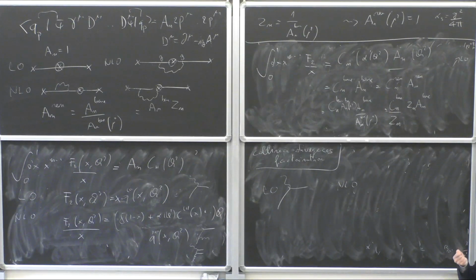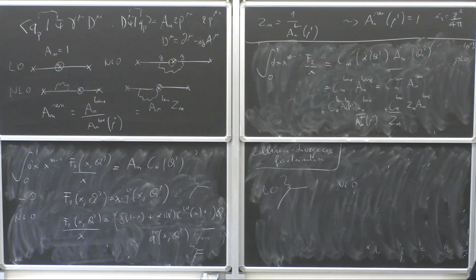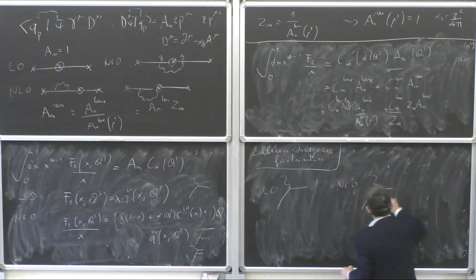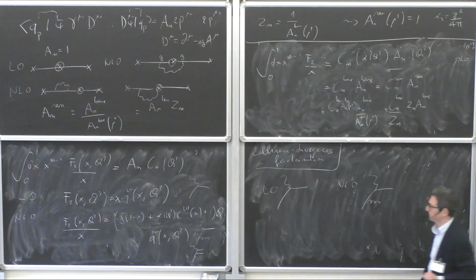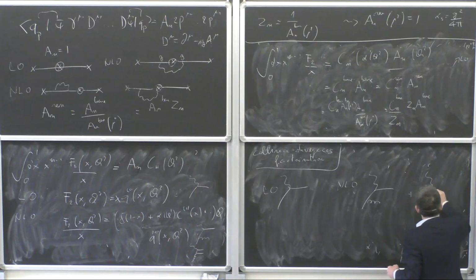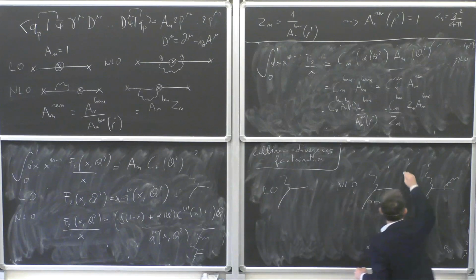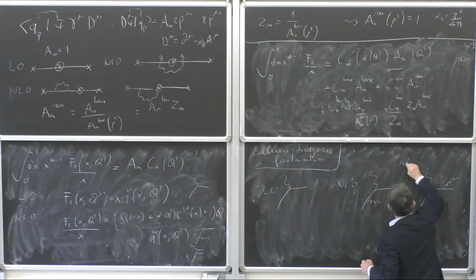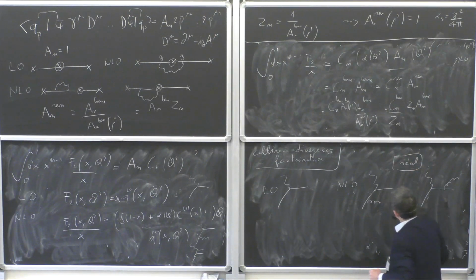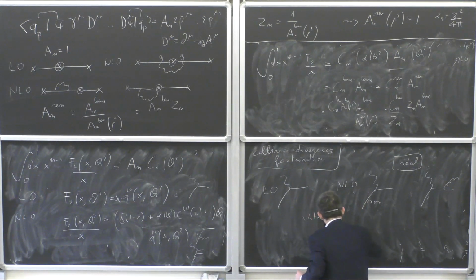We have either corrections where we have extra stuff in the final state, like an extra gluon, which are called real emission corrections, or loop corrections. So these are what is called real or virtual, which are like this.